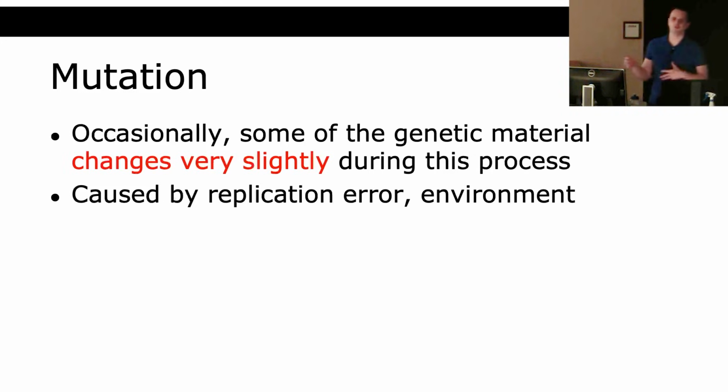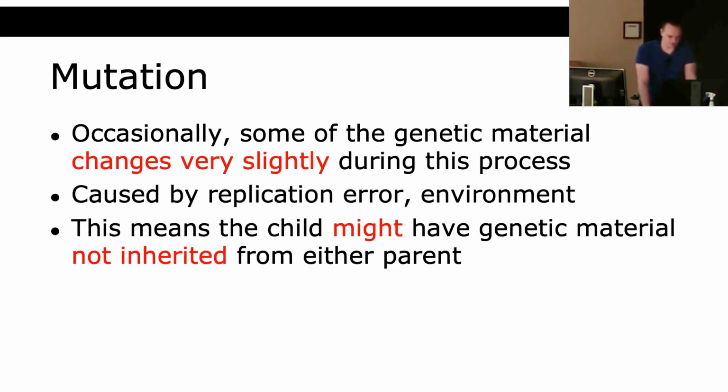Factors in the environment, you have some rogue gamma ray from the sun flip a bit in your DNA, right? Whether that's good or bad, you could be born with no legs, you could be born with superpowers, right? So these mutations can lead to either good traits or bad traits, and we'll see that in a bit.